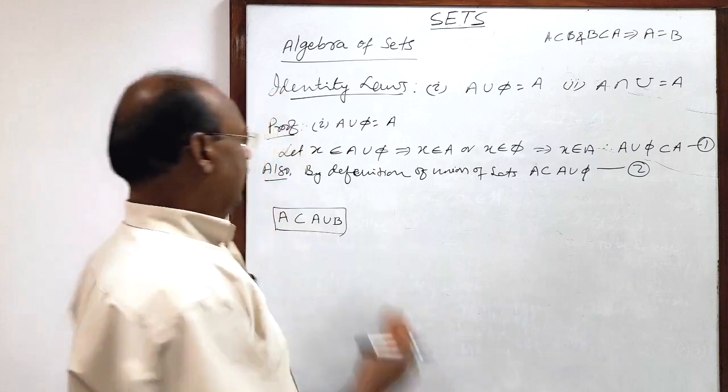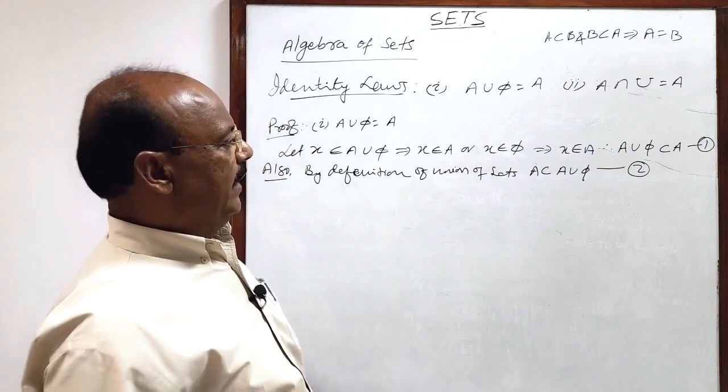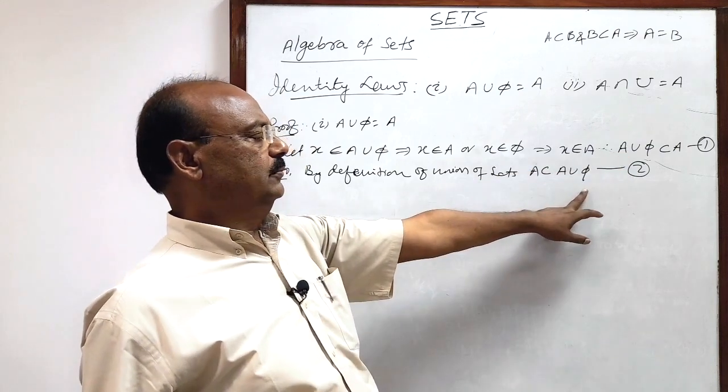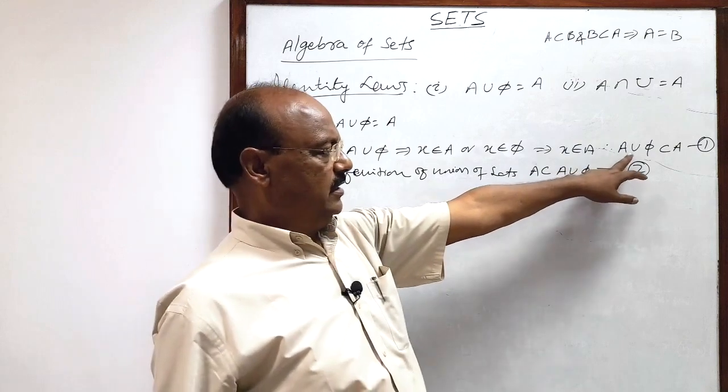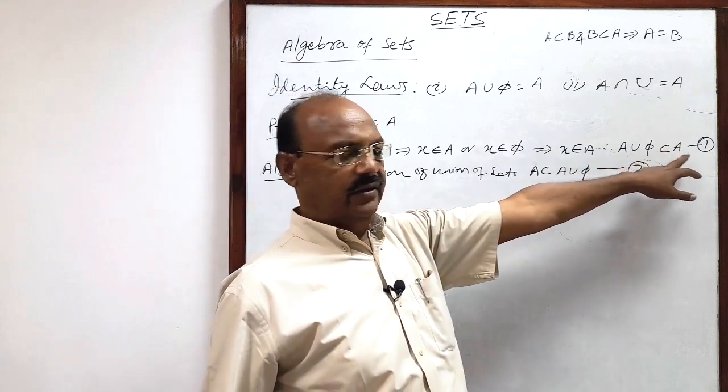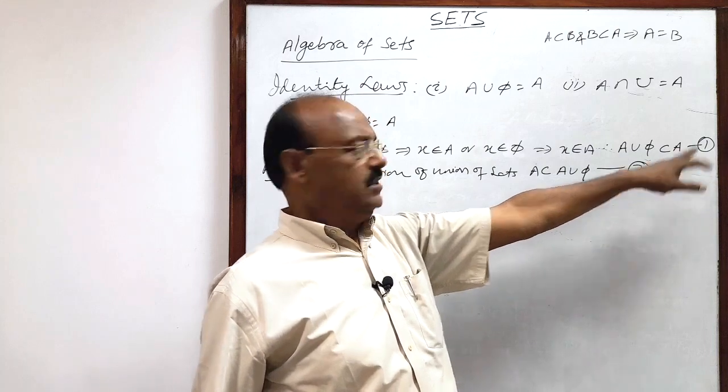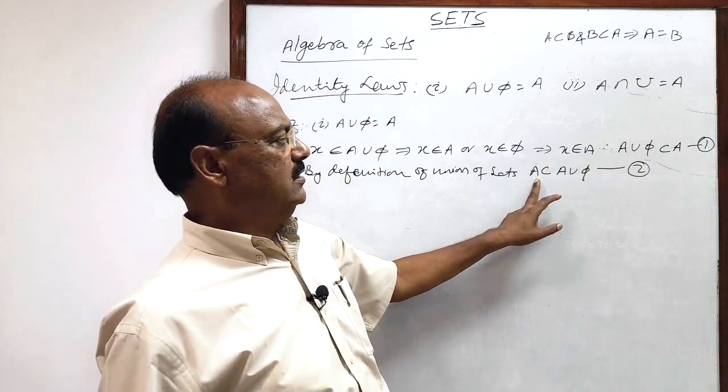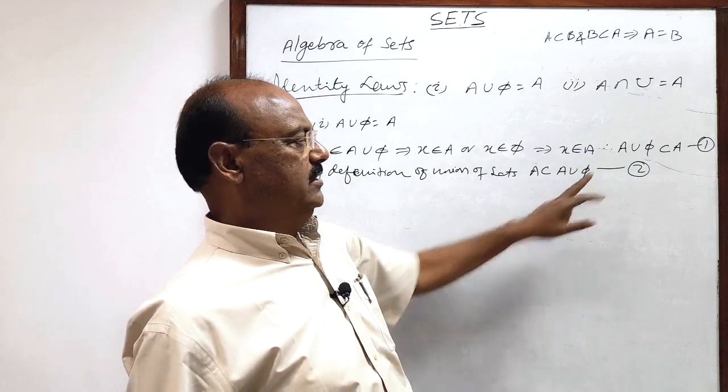Correct? So combining relation 1 and 2, here set in LHS is a subset of set in RHS. Here set in RHS is a subset of set in LHS.